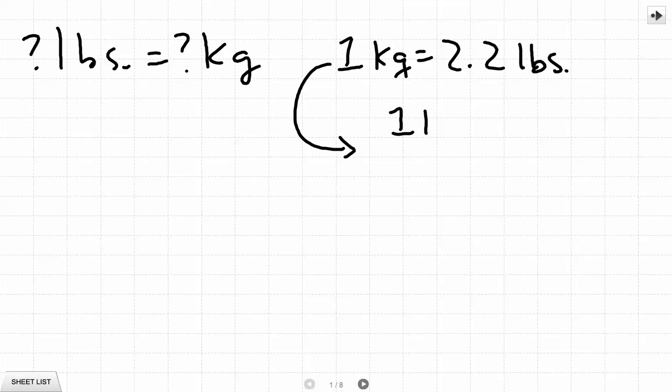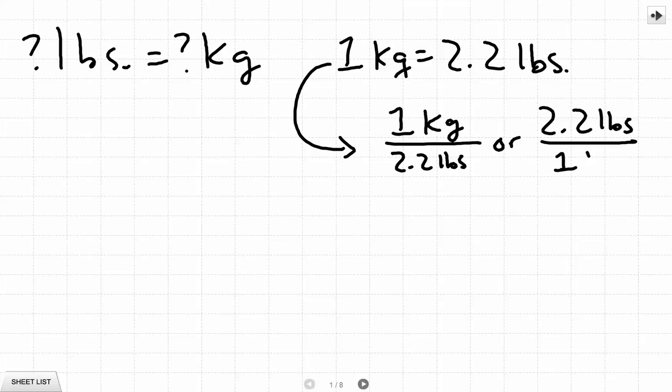You can say 1 kilogram to 2.2 pounds, or you can say 2.2 pounds to 1 kilogram. Depending on what you have and what unit of measurement you want to end up in at the conclusion, you'll use either this version of the conversion ratio or this version of the conversion ratio.